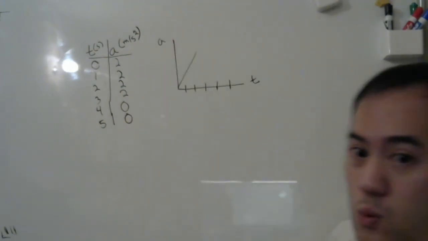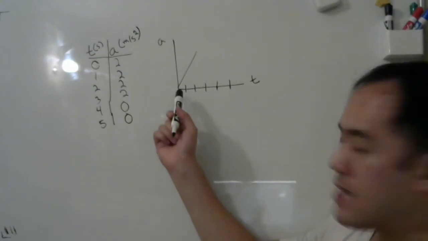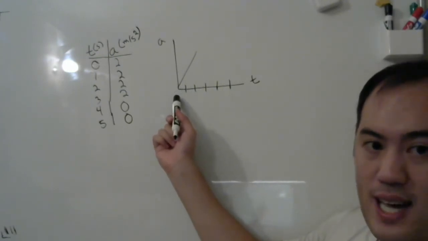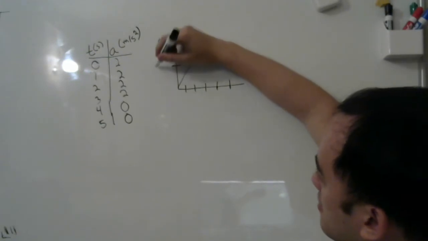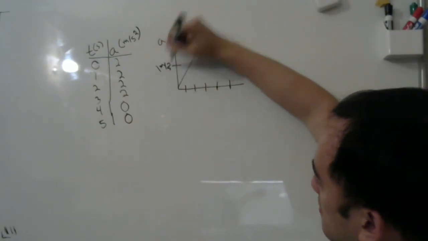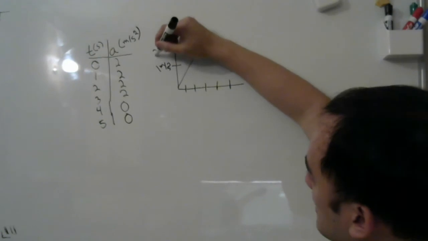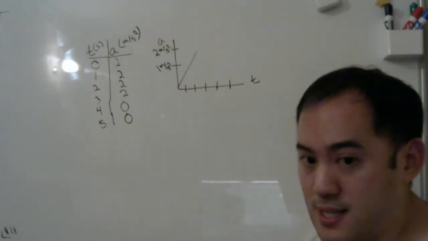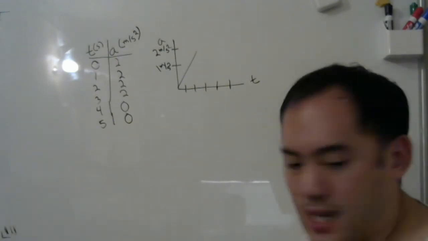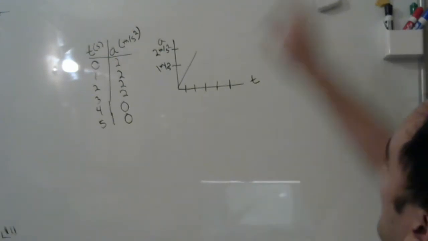That is not what happened. The acceleration at 0 seconds was not 0. It was 2 meters per second squared. Don't think acceleration has to start at 0. Velocity doesn't. Even position doesn't. You can start out at some random location that's not called 0.